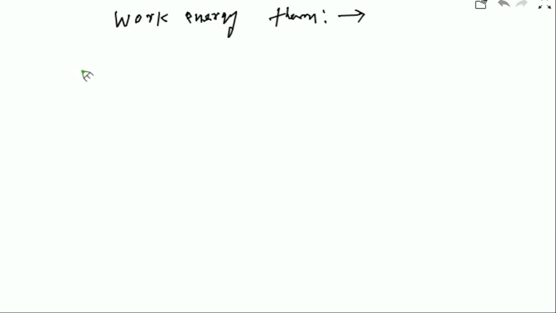Because this is very simple to prove. As you know, work done equals force into displacement. So for the small work done, you can write F dot ds. How to write force?